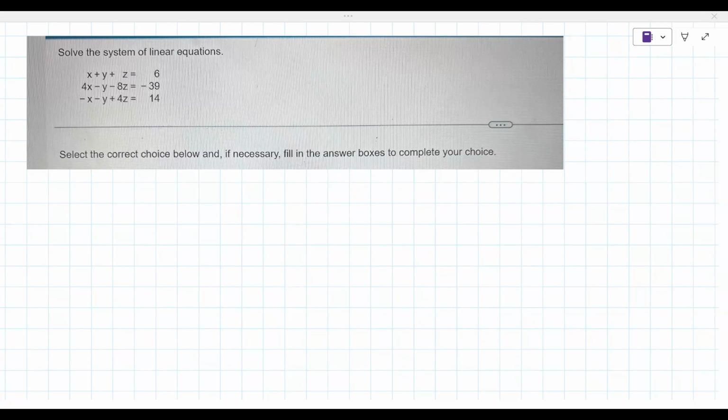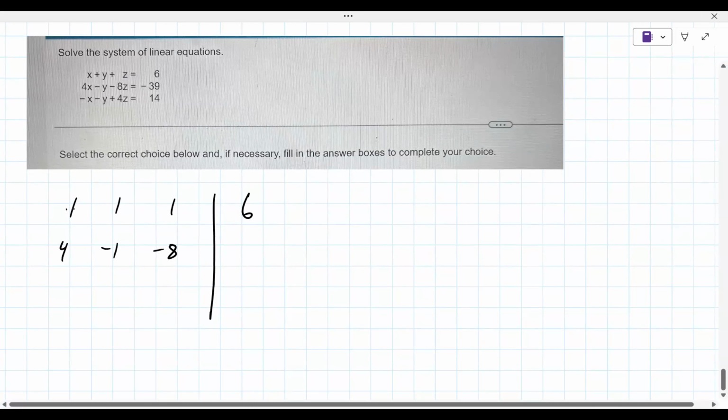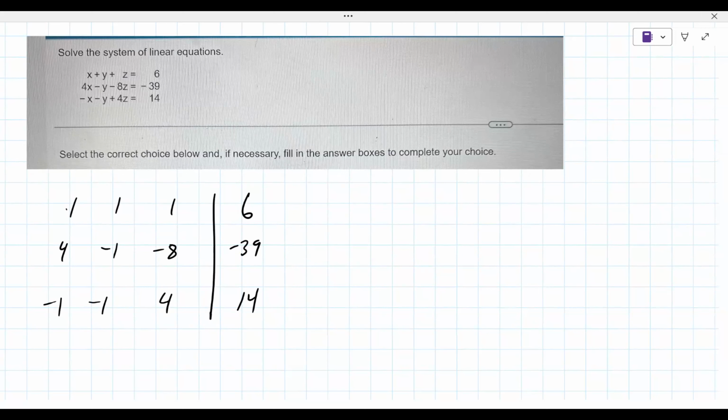First thing though is you need to be able to write the augmented matrix, which is 1, 1, 1, 6, 4, -1, -8, -39, -1, -1, 4, and 14. So hopefully that's okay. I'm going to quickly get up my virtual TI 83, 84.